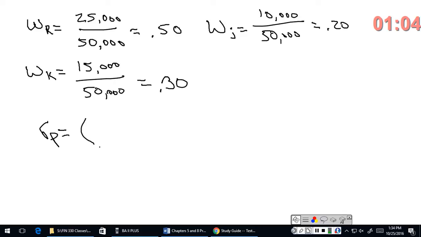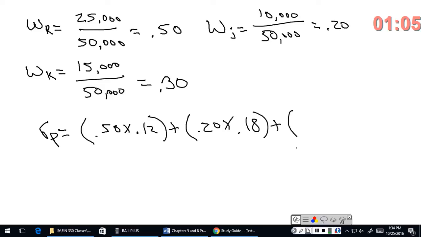So if we take the weight of asset R, which is 0.50, 50%, times the expected return of 12%, plus the weight of asset J, which is 20%, times the expected return of 18%, plus the weight of asset K, which is 30%, times the expected return of 8%.